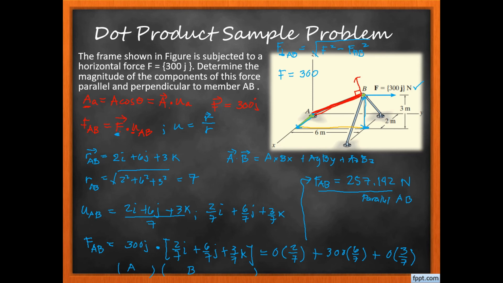So yung F perpendicular to AB is equals to square root of 300 square minus 257.142 square. So meron tayong 154.52 Newton. Okay?